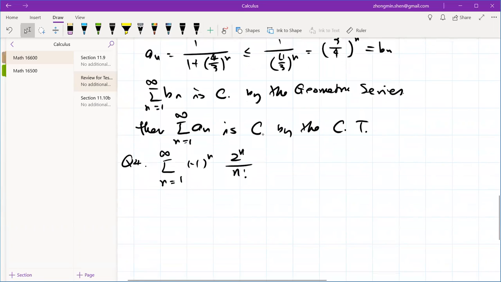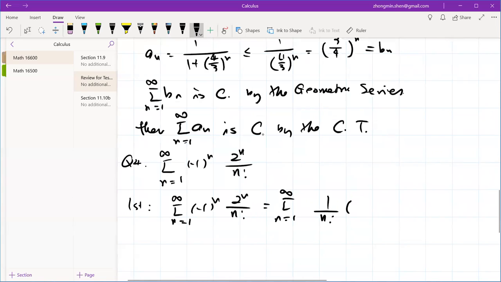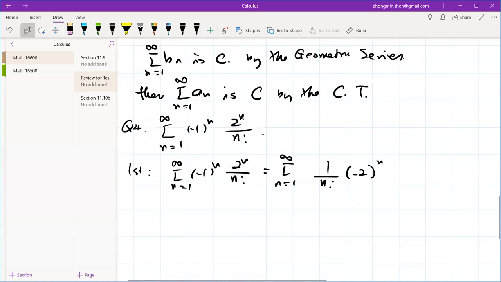Okay, so the first method is, you can just modify this: sum of (-2)^n over n factorial. And you remember, if only the first term is missing, it's going to be e to the negative 2 minus 1. You know why?